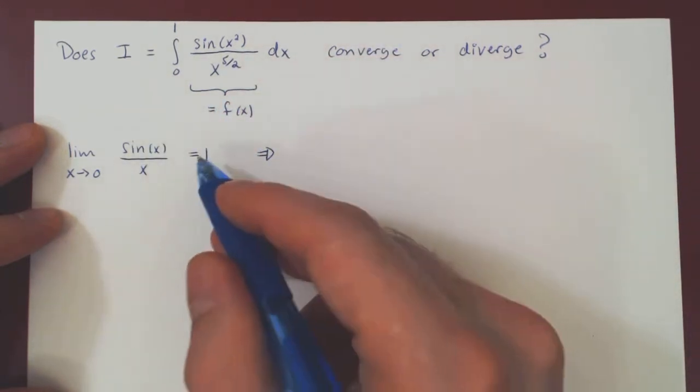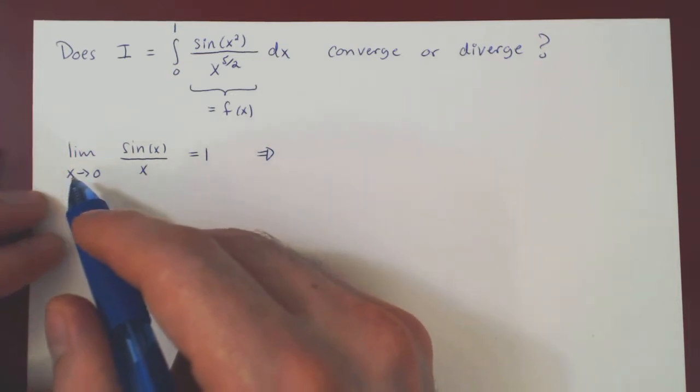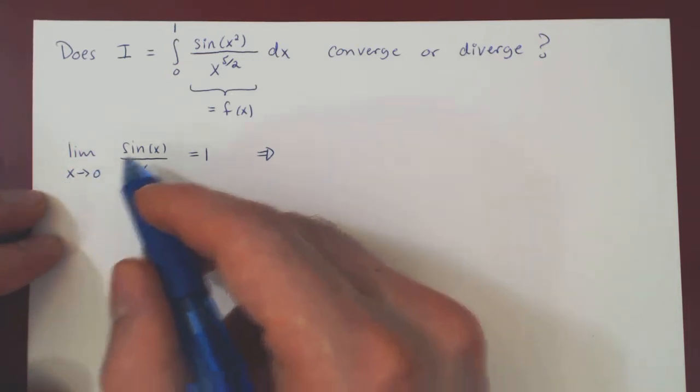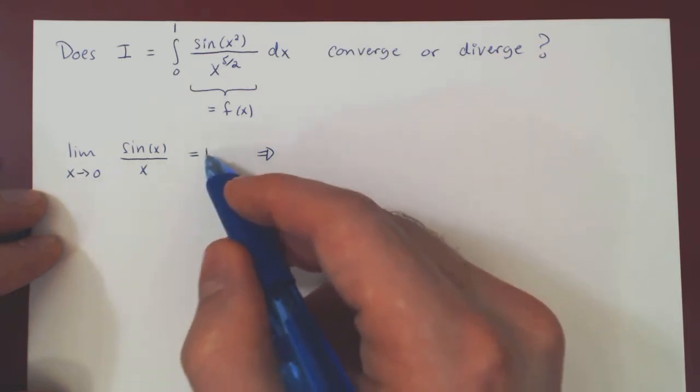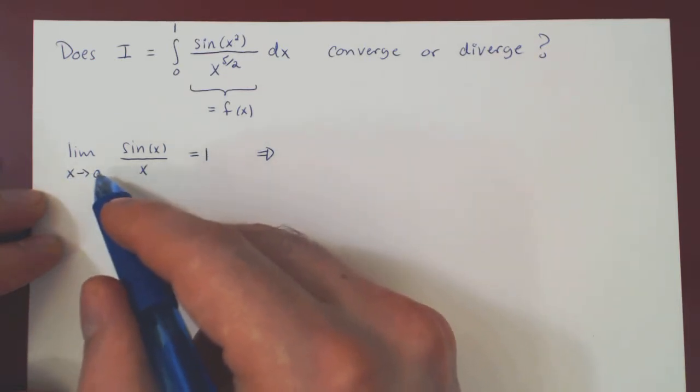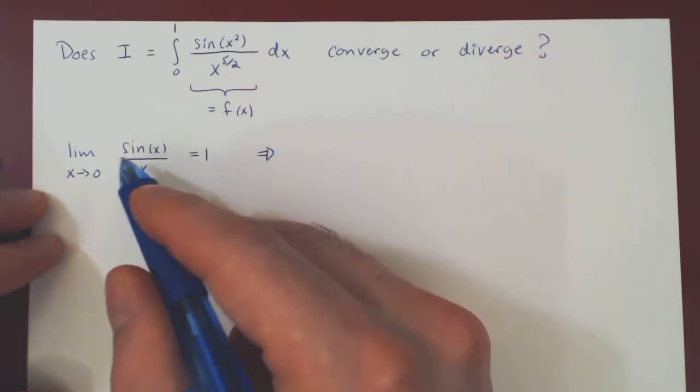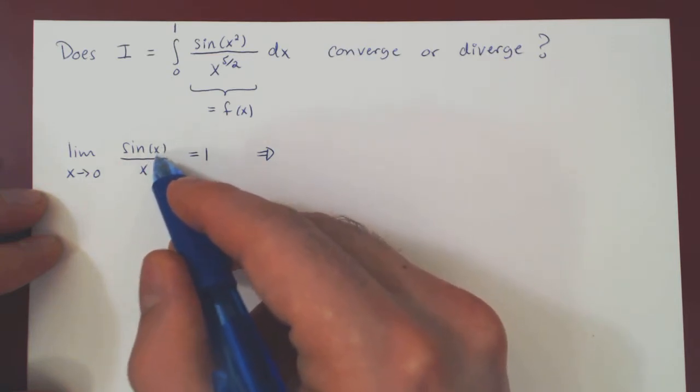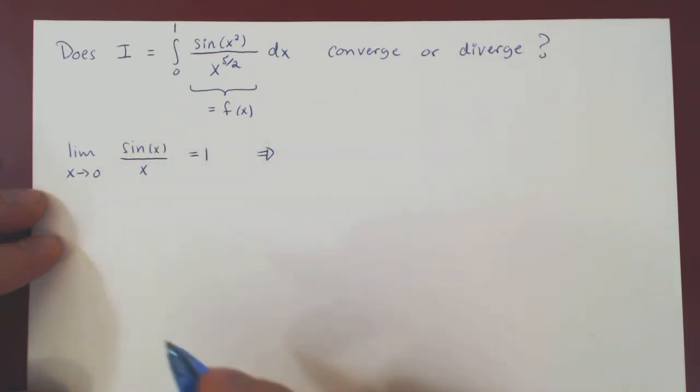And now think of what this implies. This is saying, as x approaches 0, sine of x over x approaches 1. So when x is very small, sine of x over x, so sine of something over its argument, will be very close to 1.